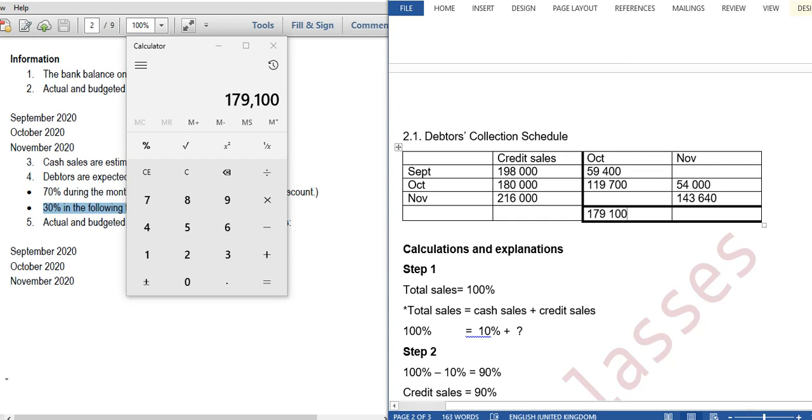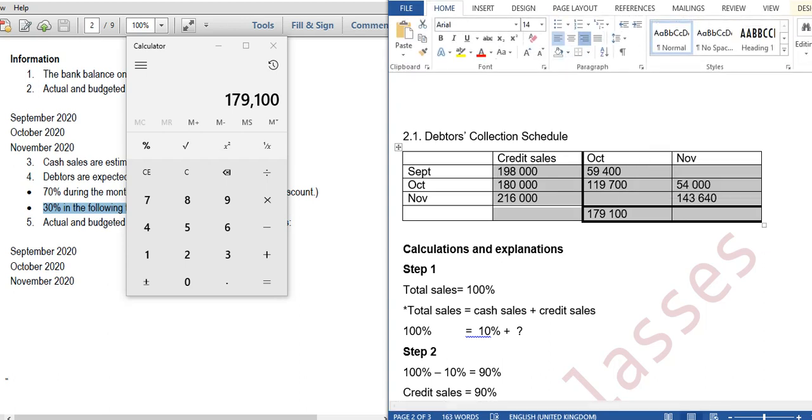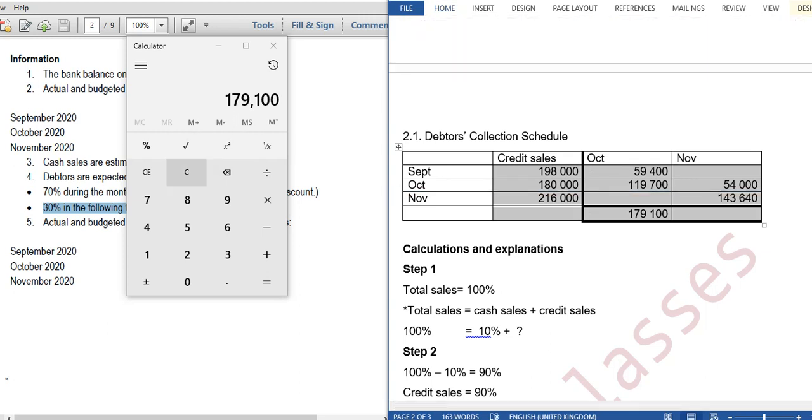Then here, what are we going to get? 54,000 plus 143,640. What do we get? 197,640.